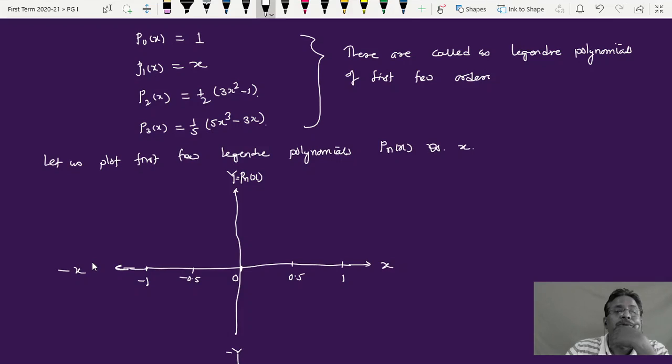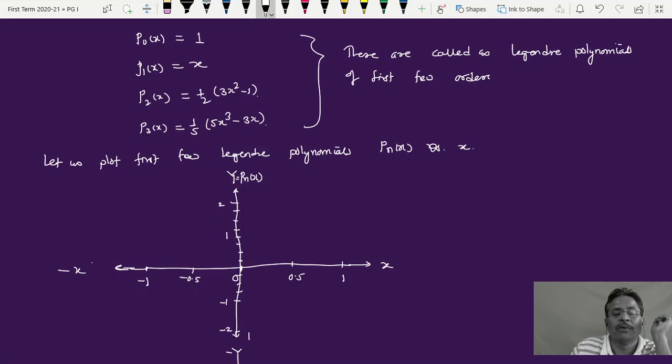Now look at this. P0 of x, for all values of x, whether it is plus 1, minus 1, fraction, whatever, you will get the same value all the time. Here also this value is to be 1, this is plus 2, in between I have fractions 0.25, 0.50, 0.75, then 1.25, 1.50, 1.75, 2. Here also I will get 1, 2, 3, 4, this is minus 1, minus 2, and so on.